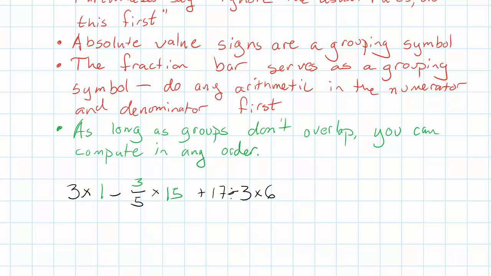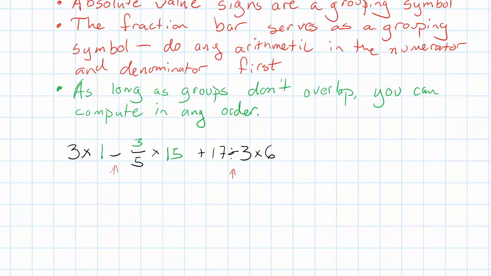But wait, you say, there's also division and subtraction. But remember, subtraction is just adding the opposite, and division is just multiplication by the reciprocal. So really it comes down to which ought to come first, multiplication or addition. And the one we all agree on is multiplication.